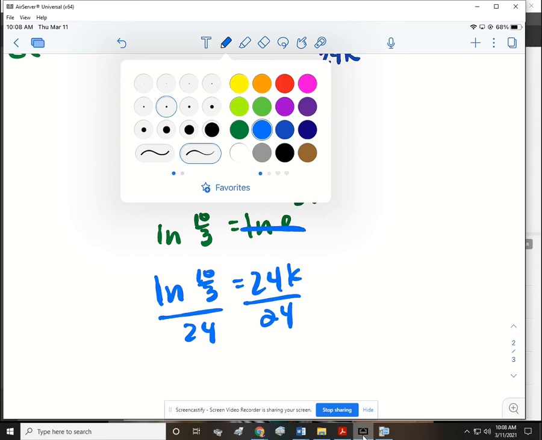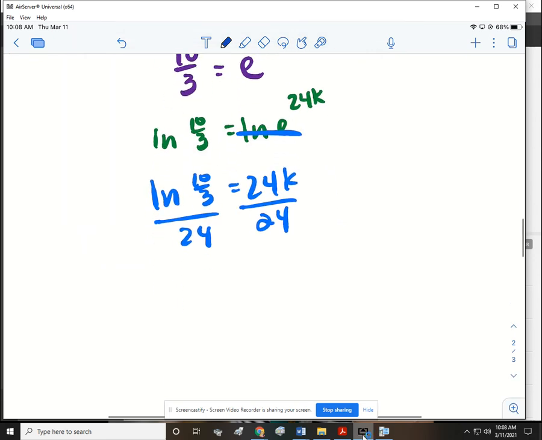All right, so finally we get that k is that. And because of all of these fractions, I think it might be easier for us to write it as 1/24th natural log of 10/3. They mean the exact same thing.